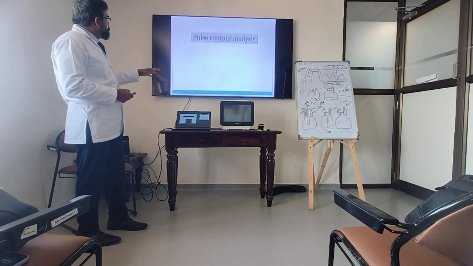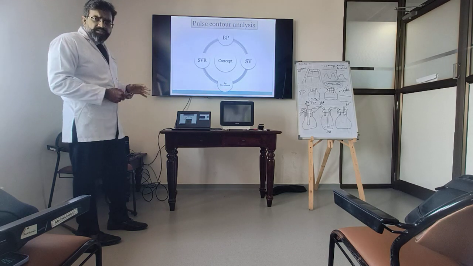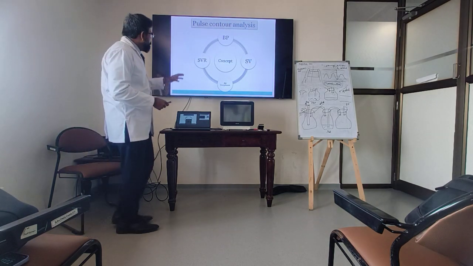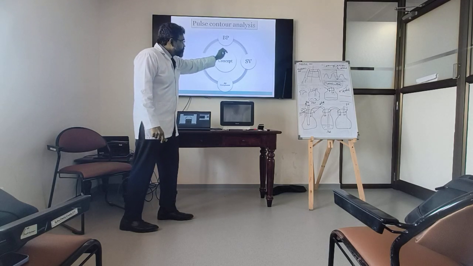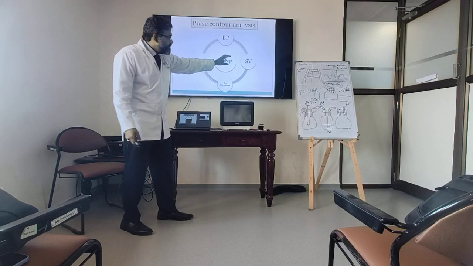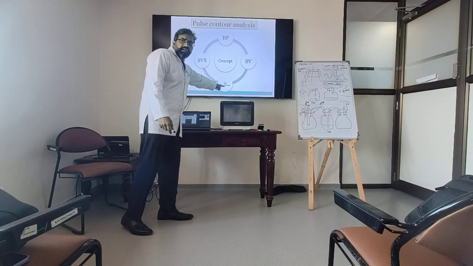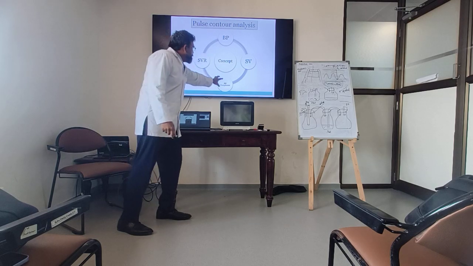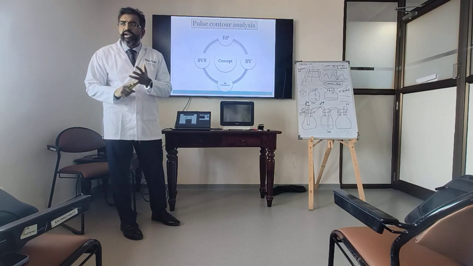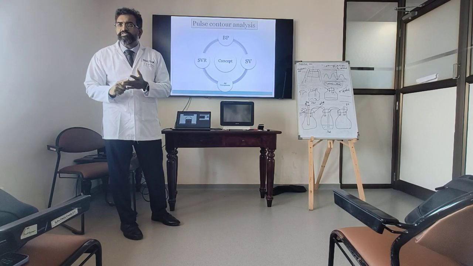Okay. So what is pulse contour analysis? The concept is that it looks at systemic vascular resistance, it looks at blood pressure, it looks at stroke volume which we just measured, and it looks at the compliance of the aorta. This compliance it figures out from weight, height, age.